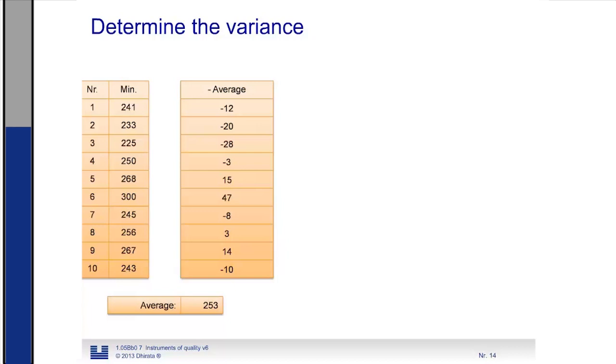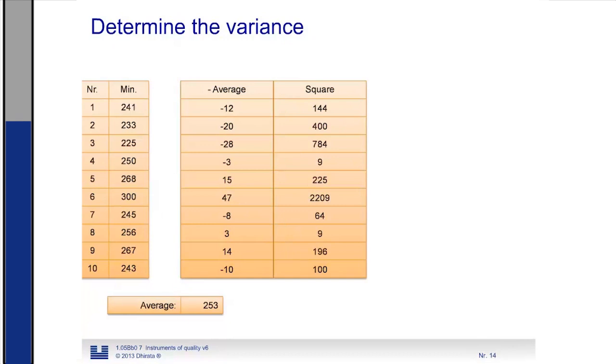It is tempting to add all these numbers as a measure of the variance. But because there are negative and positive numbers in this set, this will probably add up to somewhere around 0. We can solve this by calculating the square and dividing that by the number of measurements minus 1. The number that you get is the so-called variance.